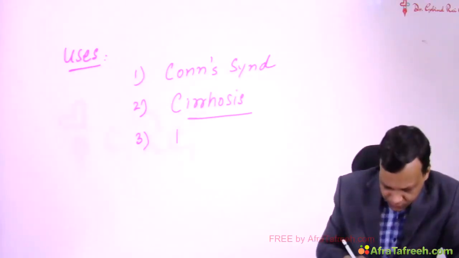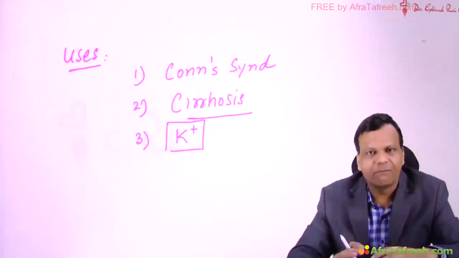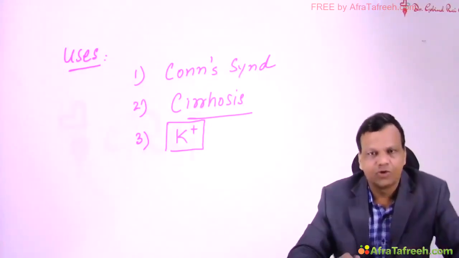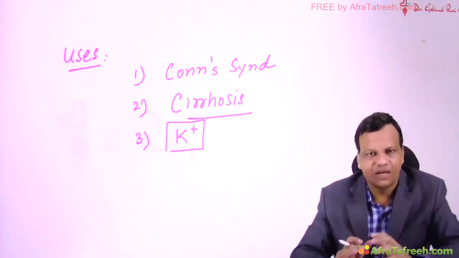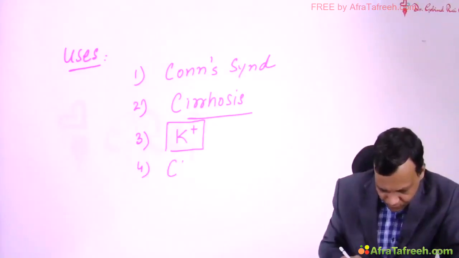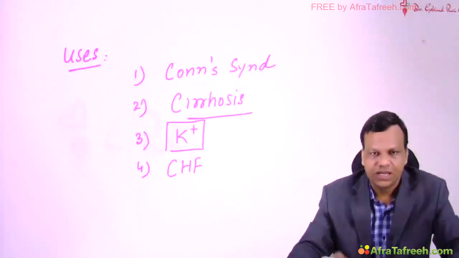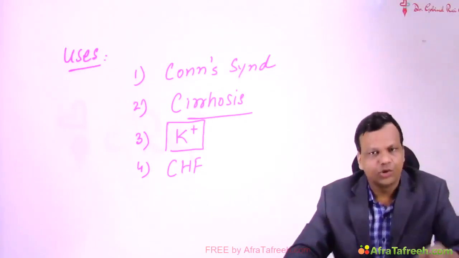Then these are called potassium sparing diuretics. So these are commonly combined with other diuretics like thiazide or loop diuretics to prevent hypokalemia. So they are used to prevent hypokalemia caused by other diuretics. As we discussed in the cardiovascular system, there is left ventricular hypertrophy, or we can say cardiac remodeling, due to aldosterone.